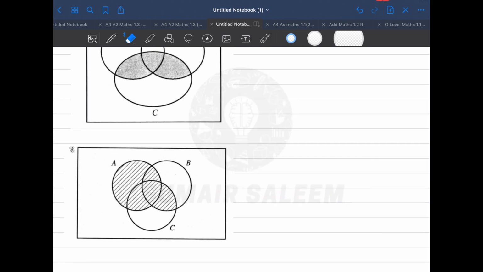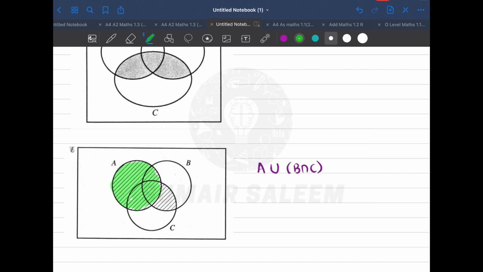Here, if you see this question, I can clearly see that entire A is shaded, union B intersection C. I'm still not sure about my answer, so let's see. A means entire A, which I did show.